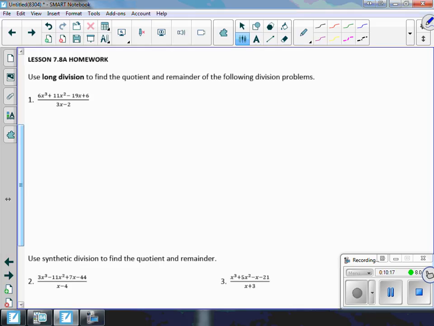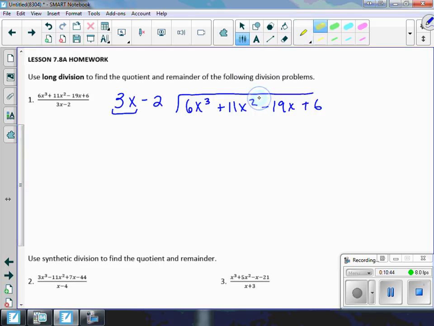For long division, you start with 3x minus 2 divided into 6x cubed plus 11x squared minus 19x plus 6. I'm going to get you started on the first few steps, and then I want you to finish it on your own. You're going to focus on this term right here.